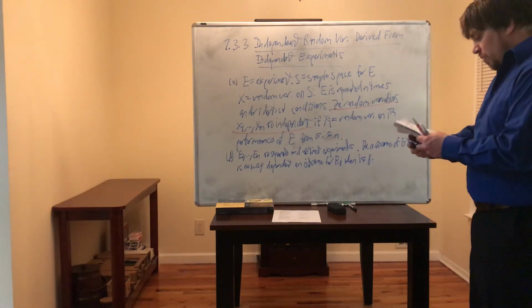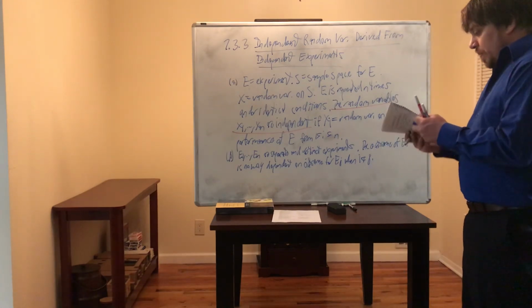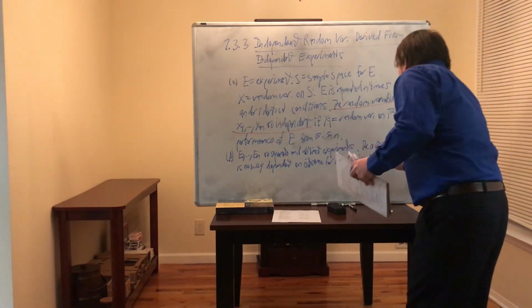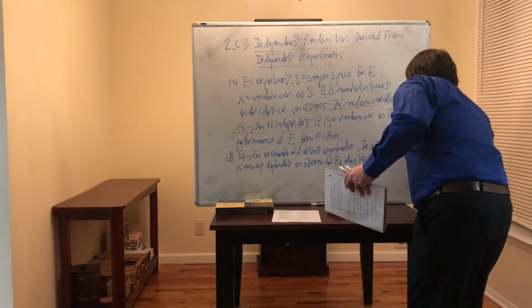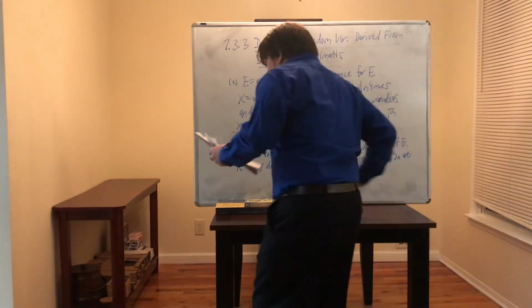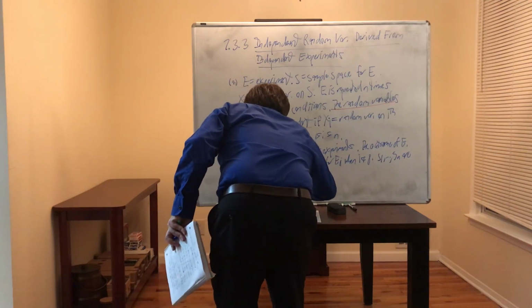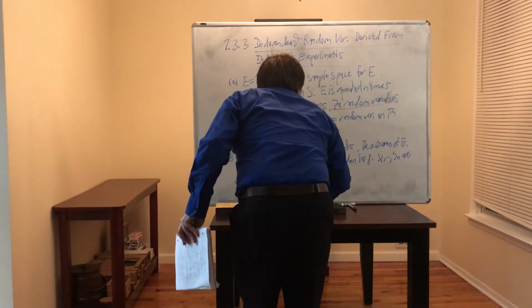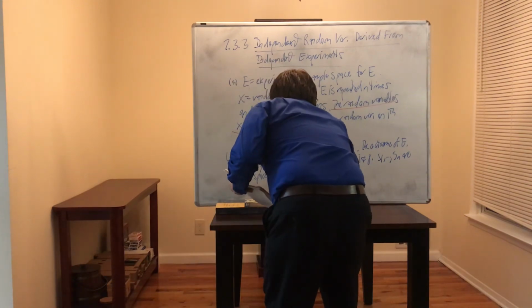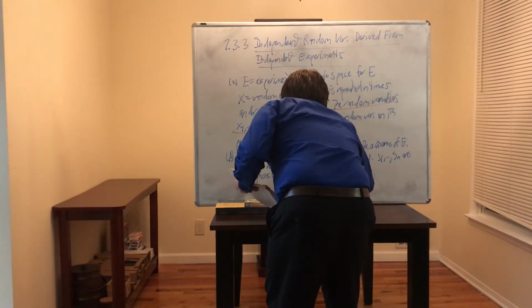Okay, so that's what I wrote so far. So S1 to Sn are the sample spaces for E1 to En, respectively.